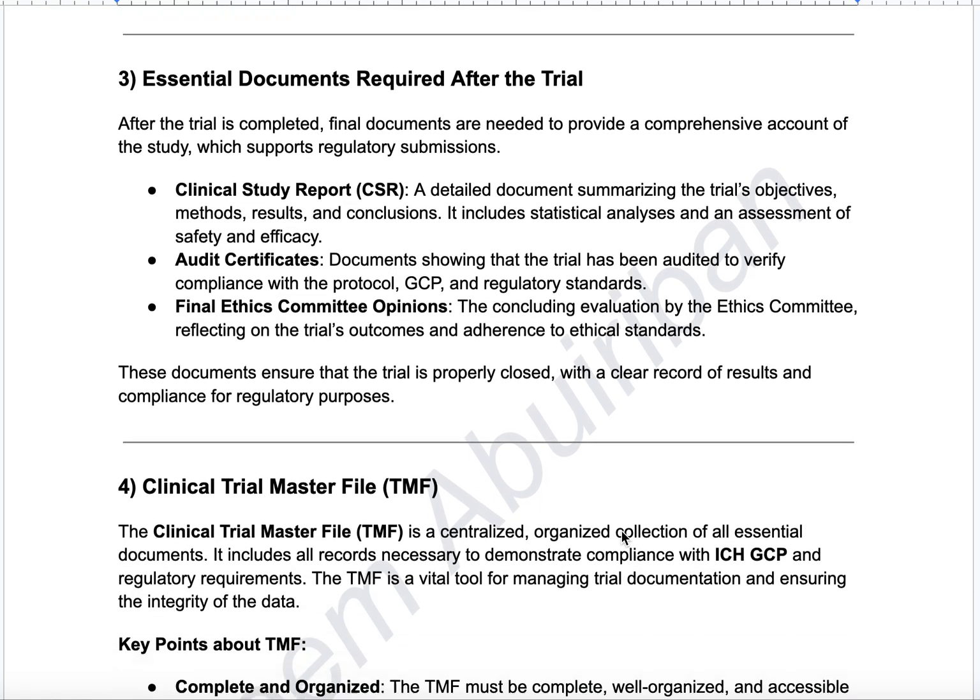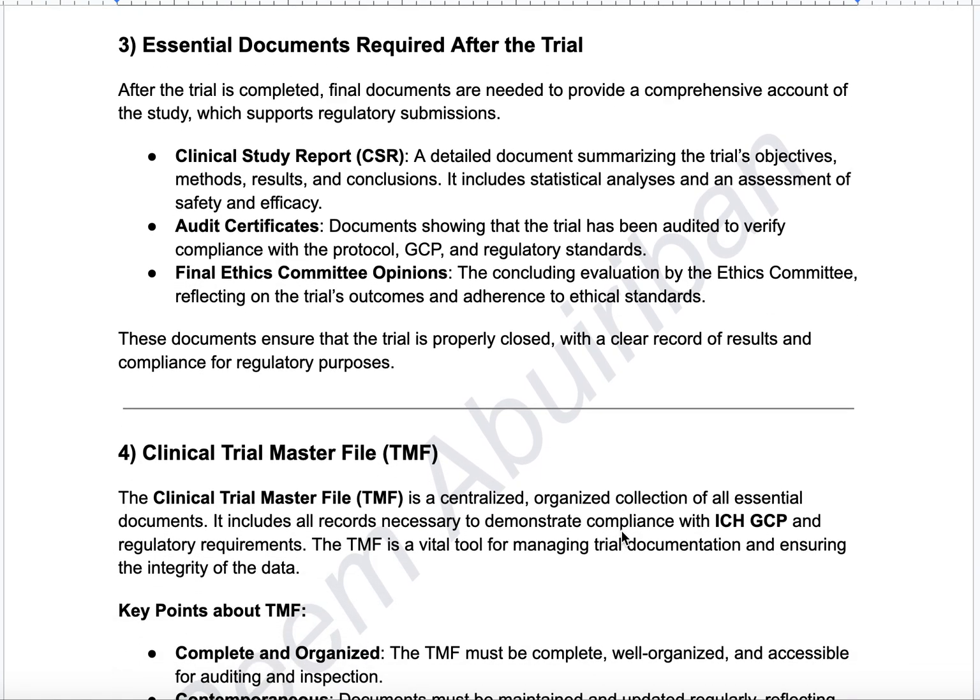And now we talk about the essential documents required after the trial. After the trial is completed, final documents are needed to provide a comprehensive account of the study, which support regulatory submissions. Clinical study report, a detailed document summarizing the trial objectives, methods, results, and conclusions. It includes statistical analysis and an assessment of safety and efficacy.